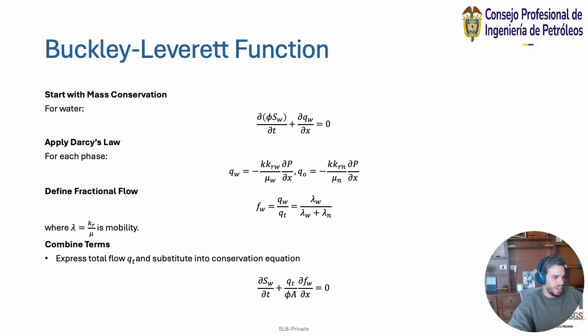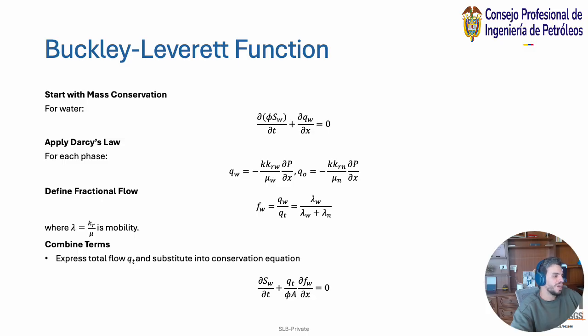which we just defined previously, but it's either QW over QT or Q oil over QT. You're basically taking the fraction of a certain fluid, applying the equation, and you know that lambda here is the mobility, what we defined earlier in Darcy, which is basically your K over mu, but here with respect to a specific fluid.